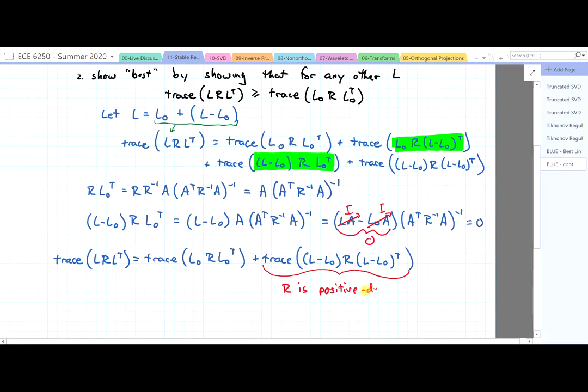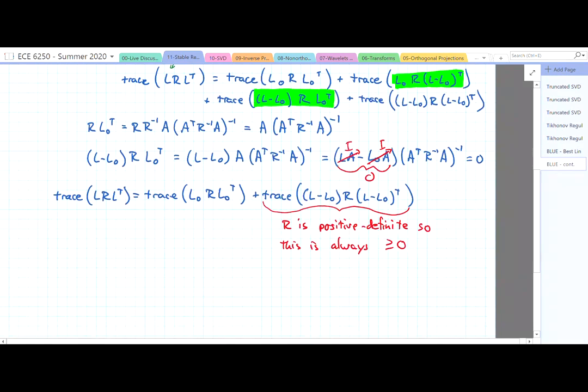So this is always greater than 0. I should say greater than or equal to 0, because if L is equal to L naught, then the term evaluates to 0.